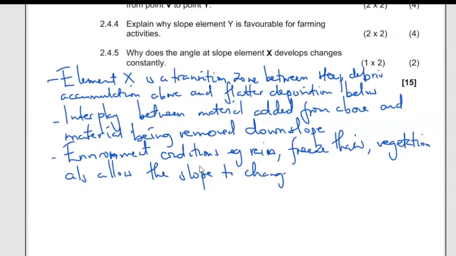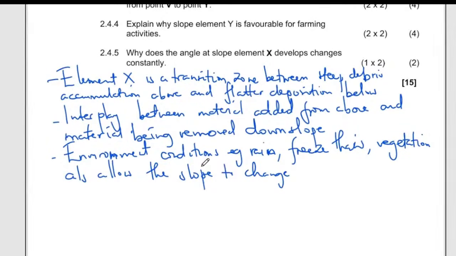If there is heavy rainfall, ultimately it facilitates transportation of material from the talus slope, and it is going to change its angle because more material is going to go to the pavement, and then the angle is going to be affected. Or if there is thawing of the ground, we tend to find that the material that makes up the slope is moved downwards, and that is going to change the angle.